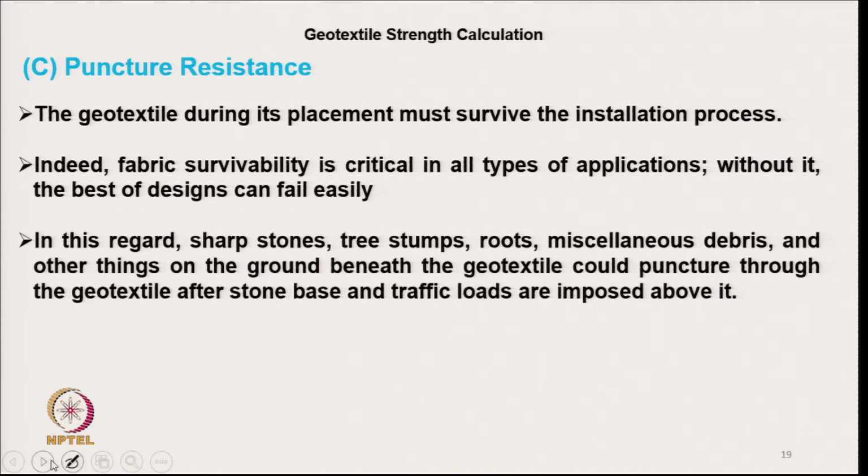So, in this regard, where sharp stone, tree stumps, roots or different types of debris, this debris contains different sharp objects, and apart from this there are different types of objects which are present under the ground where geotextile is placed.